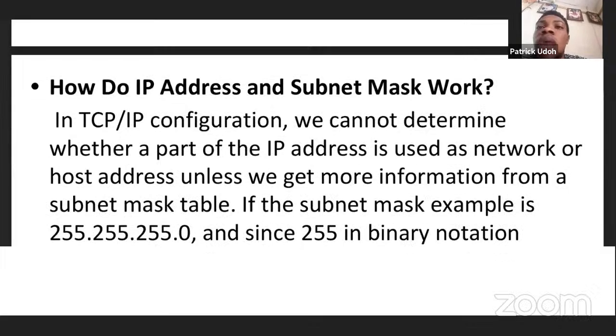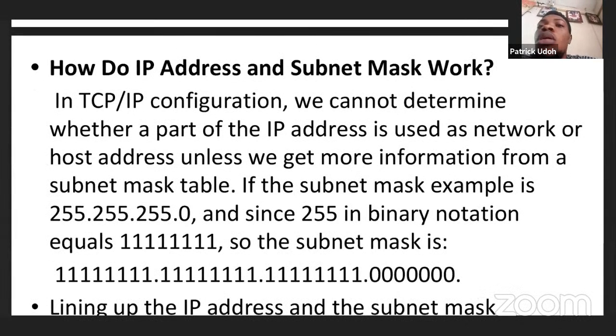Okay, how do IP addresses and subnet masks work? Basically, in TCP/IP configuration, we cannot determine whether a part of the IP address is used as network or host address unless we get information from a subnet mask.